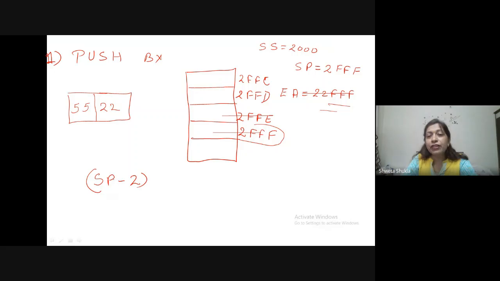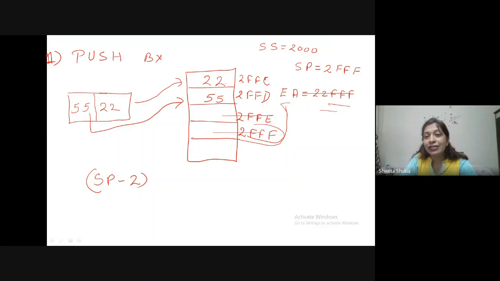That means the stack pointer will be decremented by 2. If we push the BX register, first we decrement it by 2. That means 2FFF minus 2 will become 2FFD. So now the content 55 will be moved to 2FFD, and then the content 22 will be moved to 2FFC.